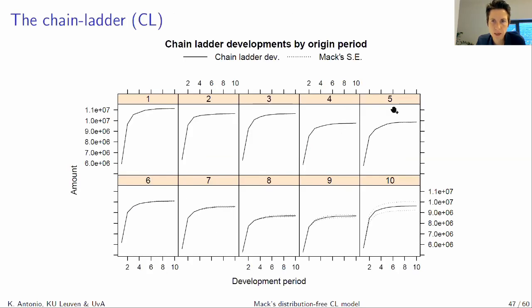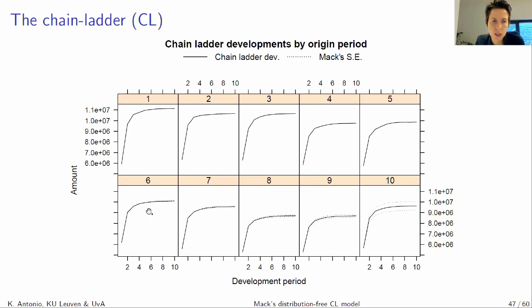If we picture then the growth curve, still for the same triangle that we encountered earlier on, you see the cumulative amount over time, and you see that we complete our growth curve, our prediction, until the latest development year.